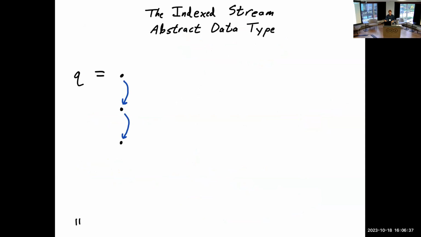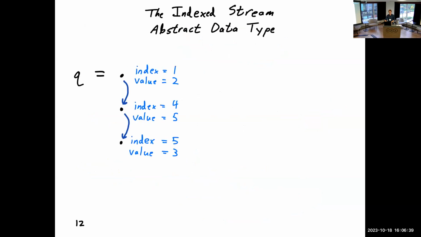The first state is labeled Q. Now, I want you to think of it as a stream. At each state, this automaton is allowed to potentially produce a value. At these three states, it produces the values 2, 5, and 3. And these values are also indexed. Each state also produces the index, or basis vector, associated with the value.